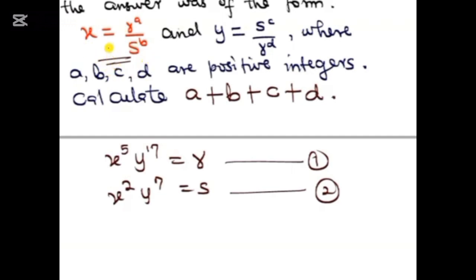That means we need to get x in terms of r over s. Whatever will be the power of r will be your a, and whatever is the power of s will be your b, while we will get y in terms of s over r, and whatever is the power of s in that case will be our c, and the power of r will be our d.